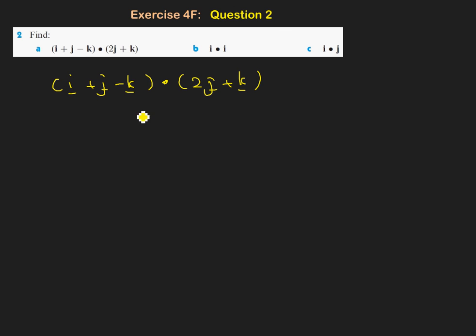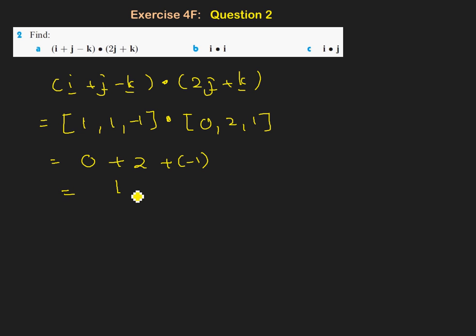If you want to make it clearer, this is (1, 1, negative 1) dot (0, 2, 1), and the rest is very simple. You get 0, then 2, plus negative 1, and the outcome is 1. As simple as that. I urge you to try the other problems, say problems 3 and 4, and we'll see you again later in the second part of this section. All the best.